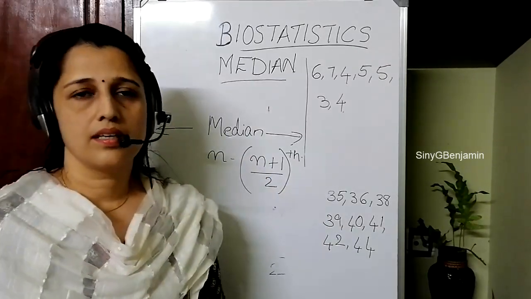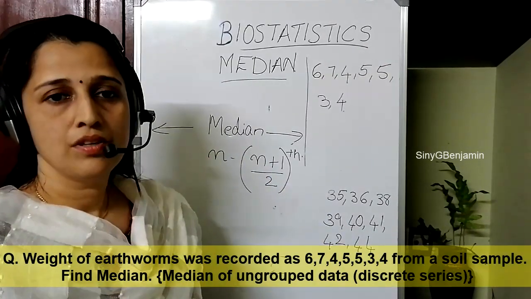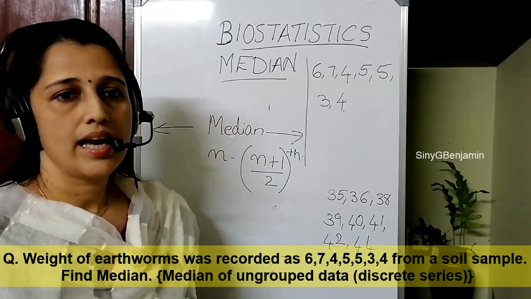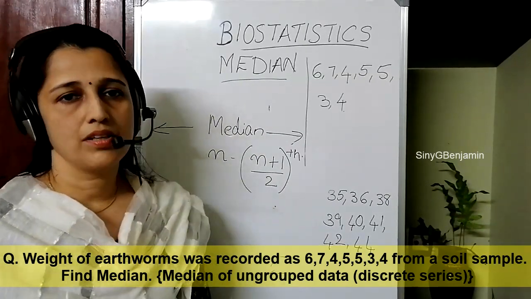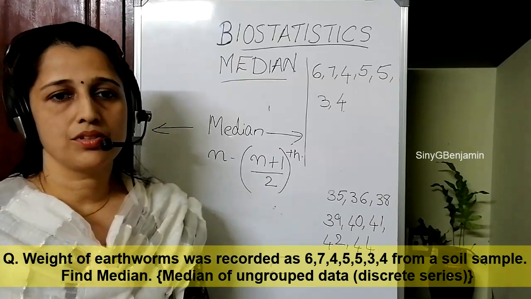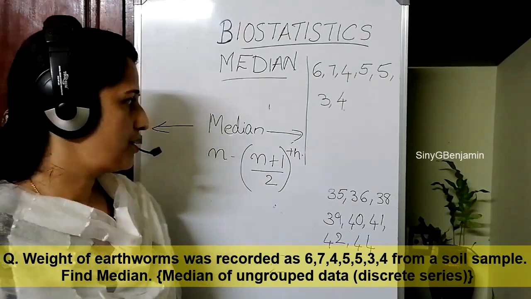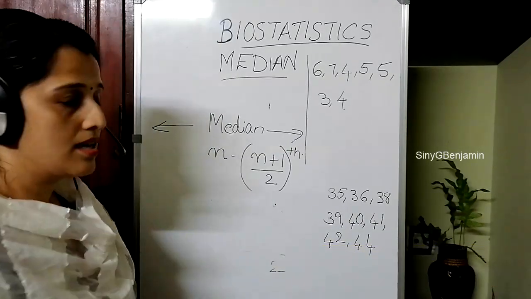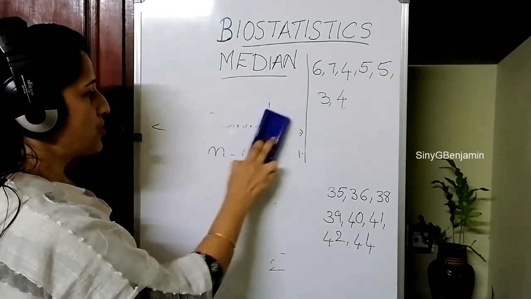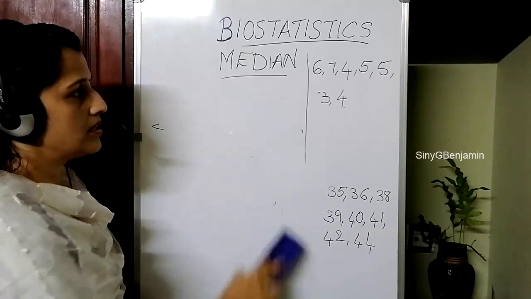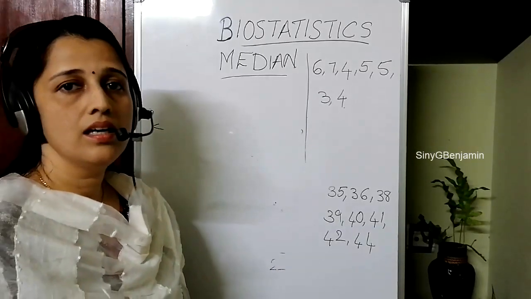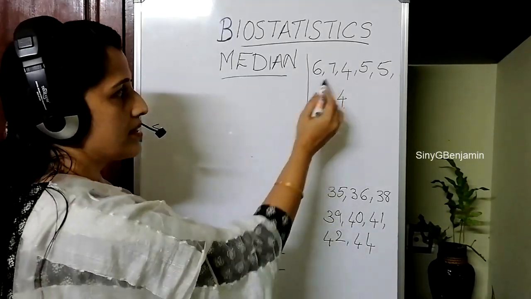The question you can see here, it is a weight of earthworms which is recorded as 6, 7, 4, 5, 5, 3 and 4 from a soil sample. Then the first step, if you get a question like this, is to arrange the data in ascending or descending order.